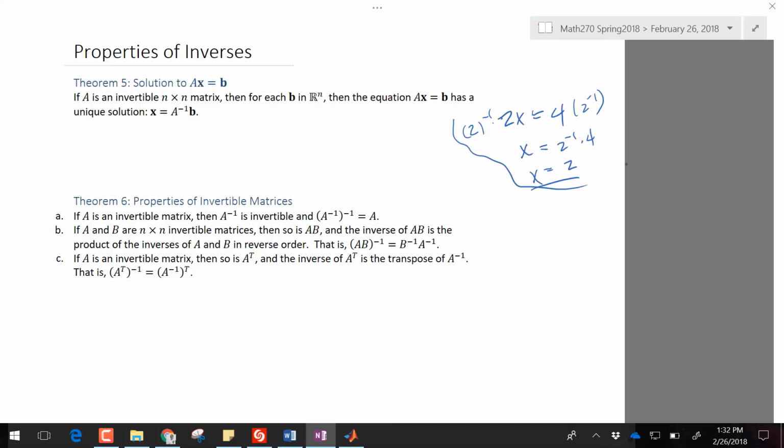If you know the inverse to a particular matrix, then you can solve for your Ax equals b equations that we've been studying. You can solve it by saying x is equal to A inverse b. But note, because of the non-commutativity of matrix multiplication, A inverse b is not the same as b times A inverse.